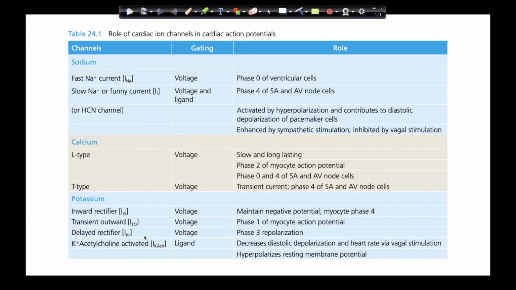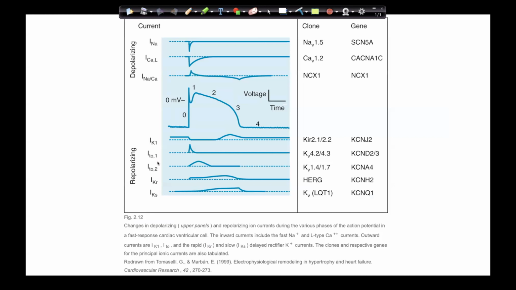And then the inclination is to think that it's only the rapid delayed rectifiers that are involved just because of how he's annotated it. But if you look at Pappano, which is why it's always good to look at two textbooks, you'll see that in the ventricular action potential, you have both IKr, which is the rapid, and IKs, which is the slow delayed rectifier potassium current.